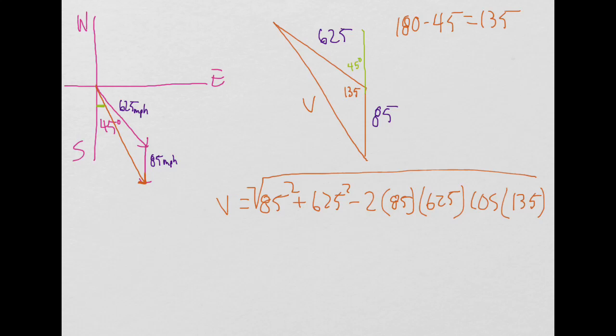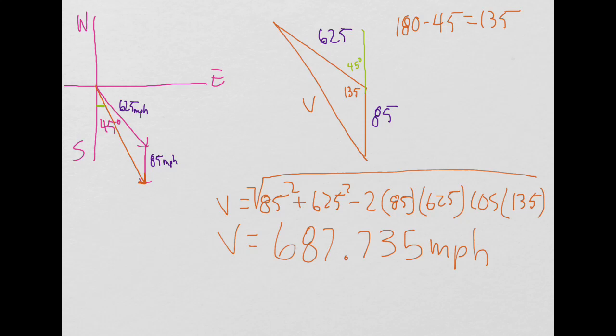So plug that big, long, ugly mess into your calculator, and you should get that v, i.e. the true speed of the airplane, is 687.735 miles per hour. So that is the true speed that the plane is traveling with respect to the ground, because it's going to be the resultant of those two forces, because airplanes get pushed around by wind when they fly.